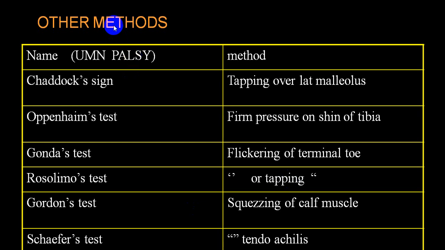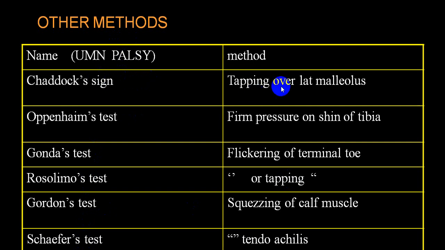And you can elicit that if there is an upper motor neuron palsy by different other modes. You can show that there is extension of the great toe.